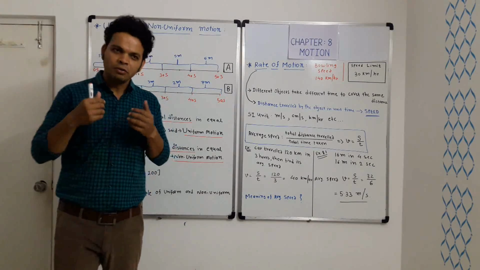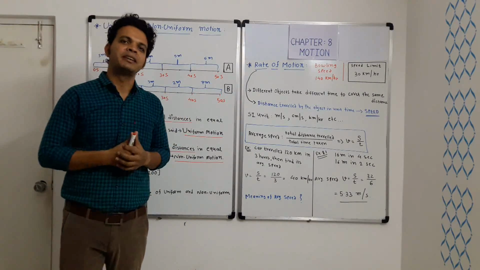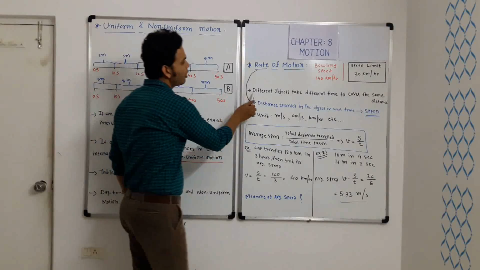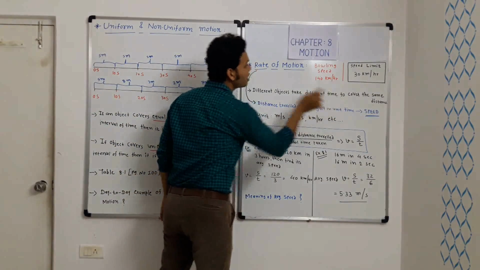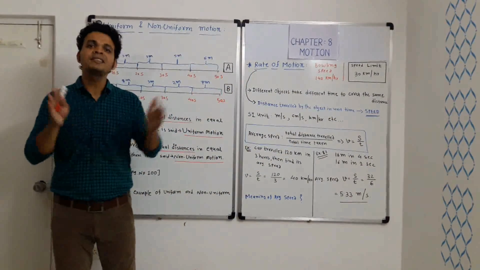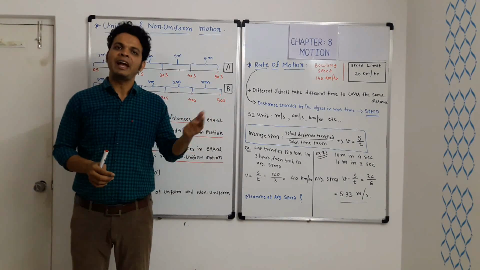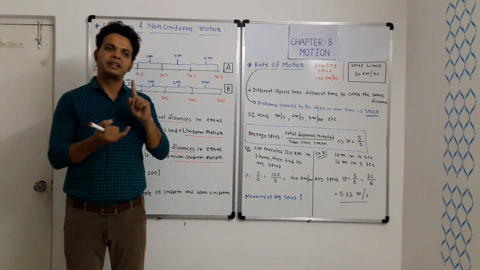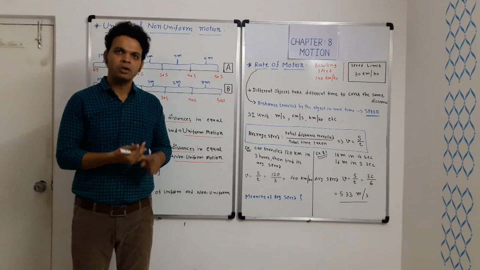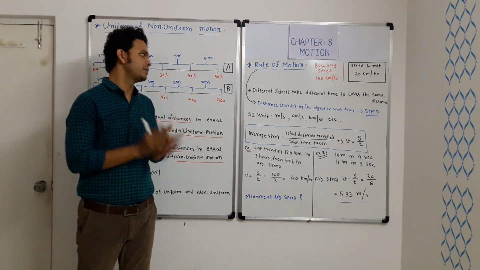And if I go with a car, it might take 10 minutes. So different objects take different times to cover the same distance. Here the distance is the same, but the time taken to travel that same distance by different objects, be it a cycle, a scooter or a car, is different.